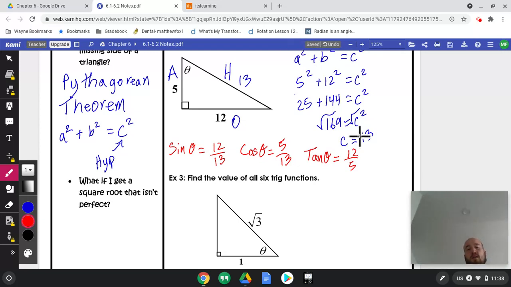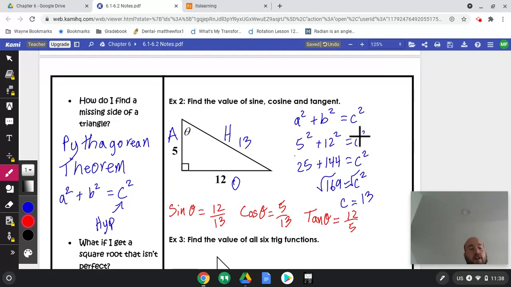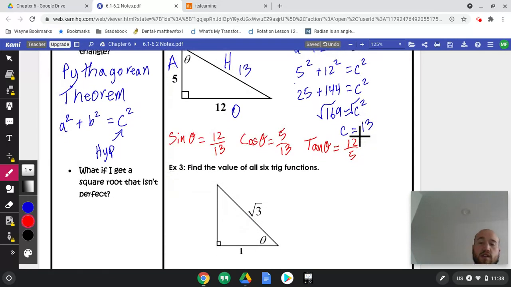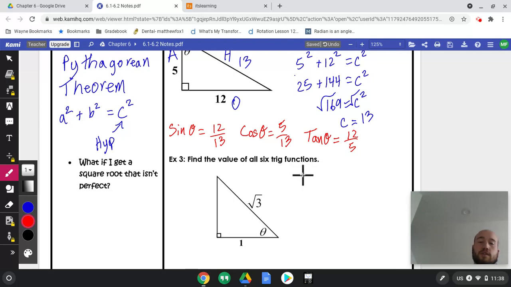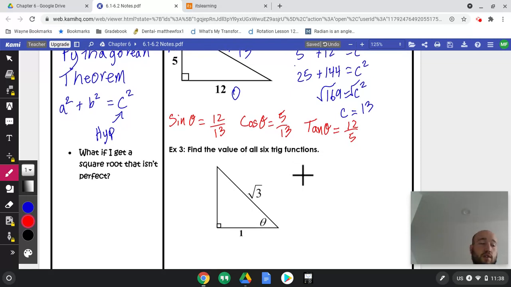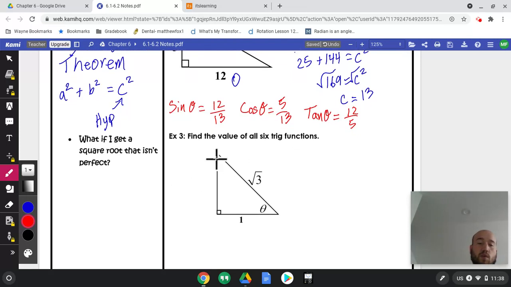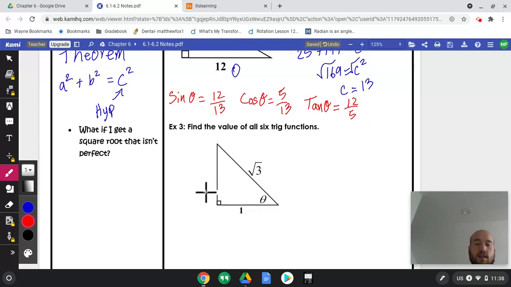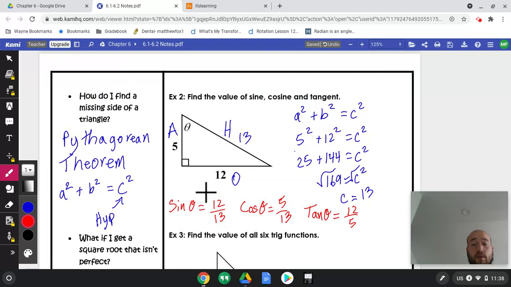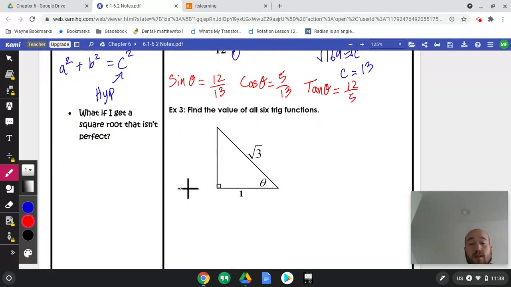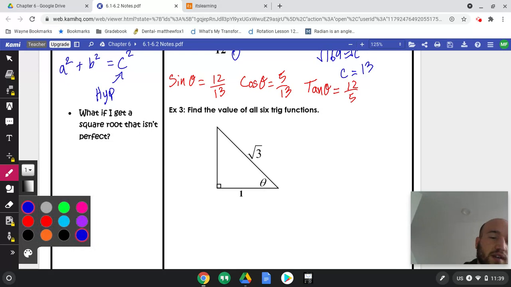All right. Now, this final one we're going to do today asks us to find the value of all 6 trig functions. Before we can do that, once again, we need to figure out this missing side. It's going to be set up a little differently. Before we had the hypotenuse missing, now we have one of the legs missing. So it doesn't matter which one is a squared or b squared, but if we solve this, let me switch back.